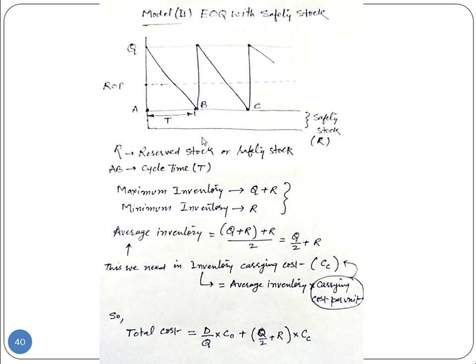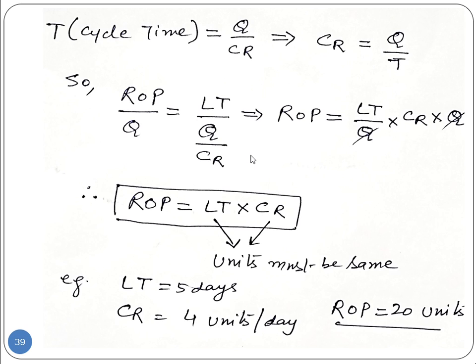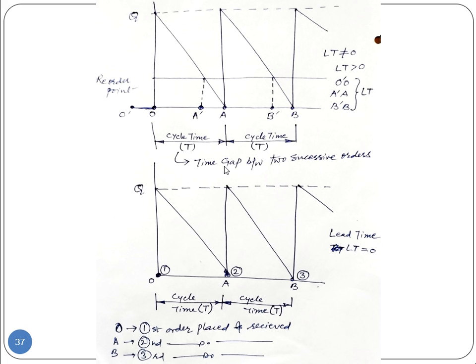Now the next model I am going to discuss is the economic order quantity with safety stock. In this we can see there is zero inventory every time, whether you have the lead time and reorder point, or you don't have the lead time and get delivery the same day.